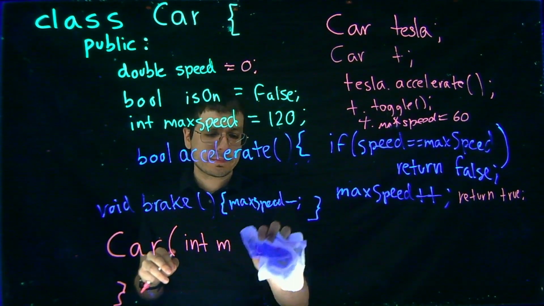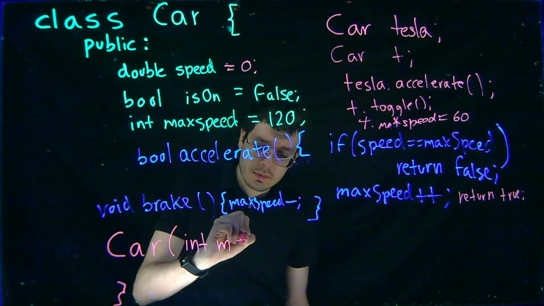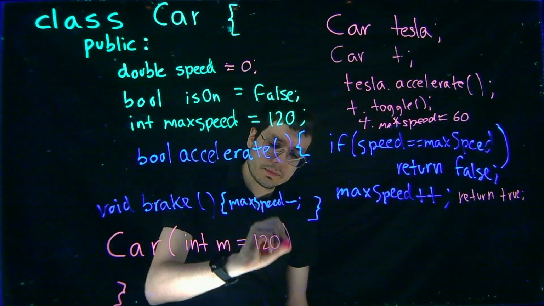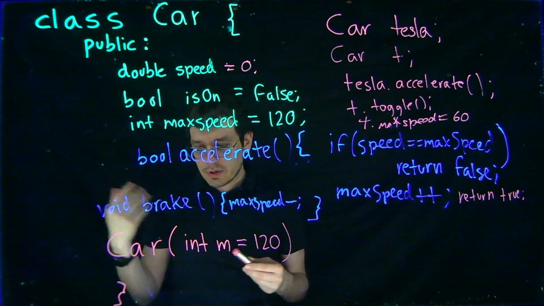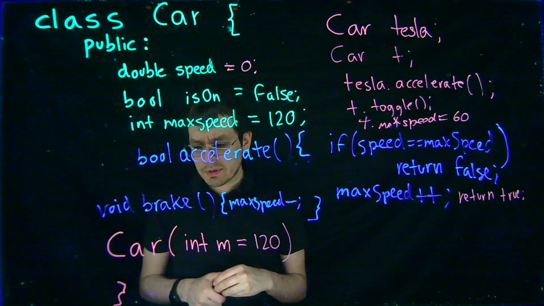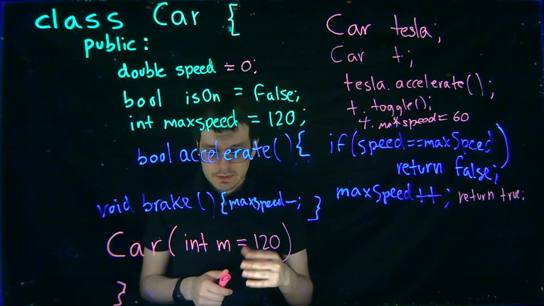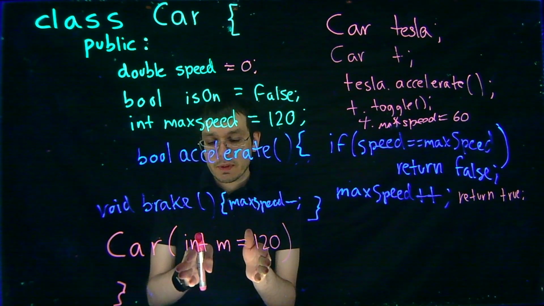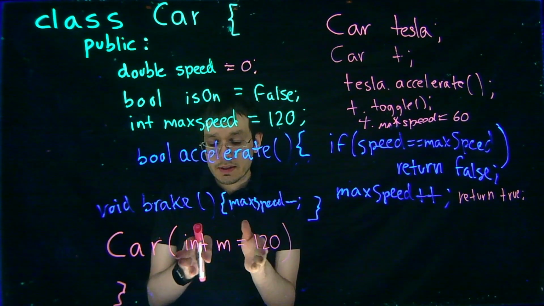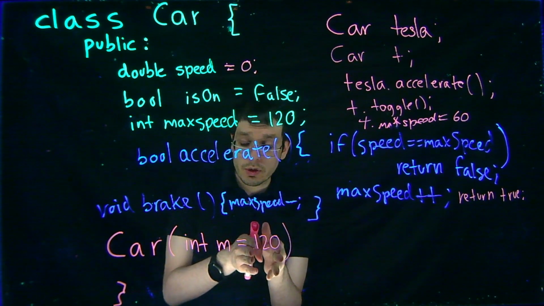So I can do something like that. If you don't know what these default parameters are, then just go ahead and Google default arguments or default parameters in C++. Basically what it's doing is saying if you've called this function without an argument, then this will automatically set this to 120.